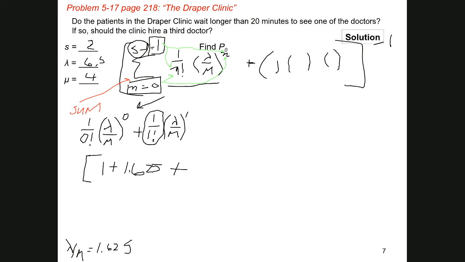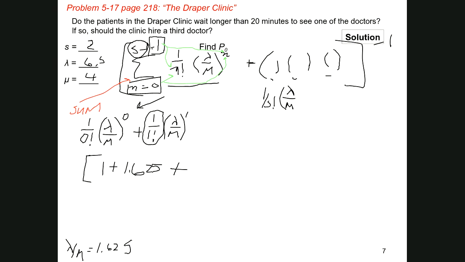Now this third term consists of 3 products. The first product is 1 over s factorial. The second is lambda over mu, that quantity to the s power.